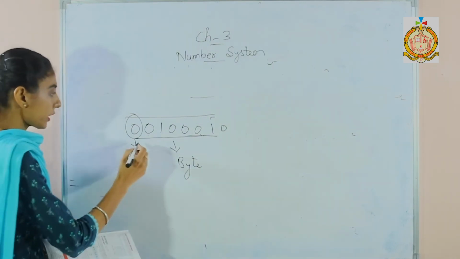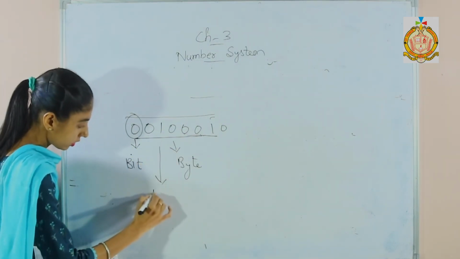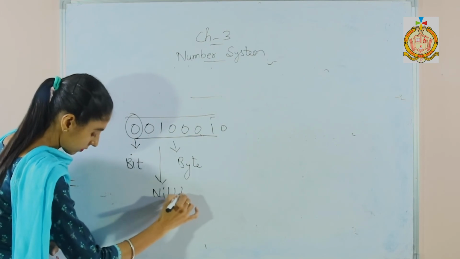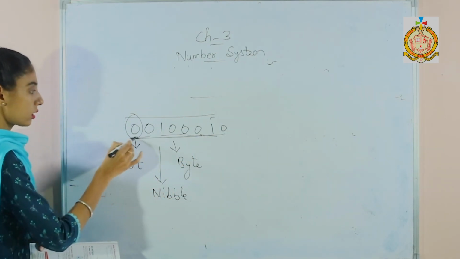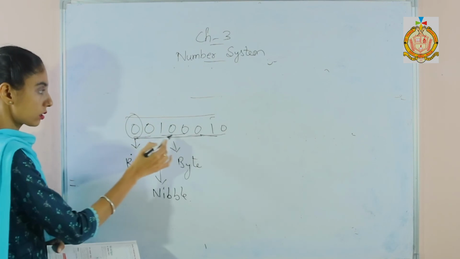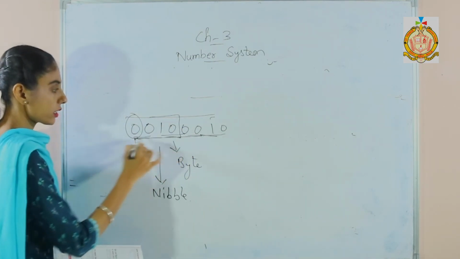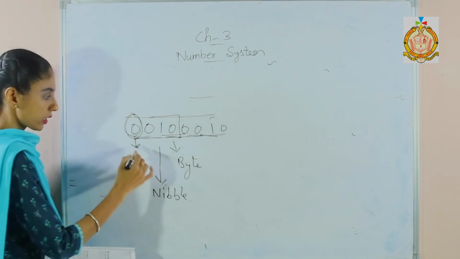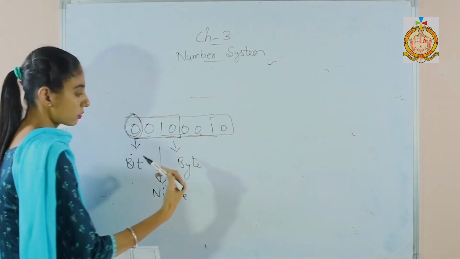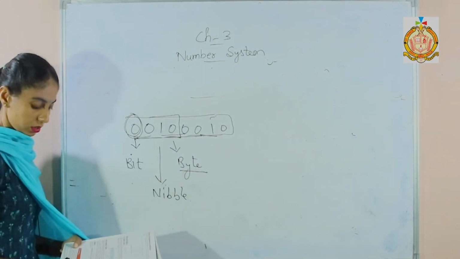And half of a byte is called a nibble. Total digits are 8, so half, a group of 4 digits, is called a nibble. Only one digit is called a bit, and a group of 8 digits is called a byte. Clear?